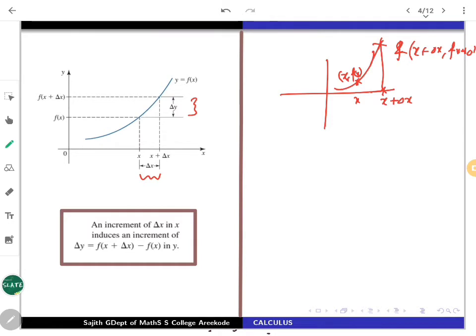So you have a variation here, x to x plus delta x. Geometrically, the y coordinates are also changing. So you are interested in this part, the delta y part.